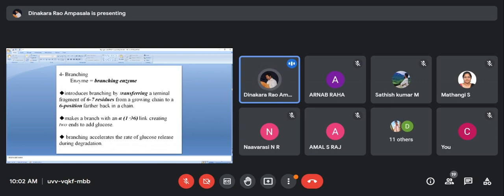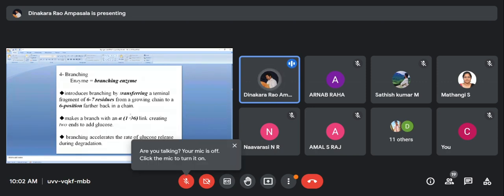Because of branching points, the rate of glucose release is accelerated during degradation, when glucose is required inside the cell. The enzymes will interact with these branching points and release the glucose molecules, so many glucose molecules can be released at a time from the glycogen. Okay, this is the advantage of having the branched structure inside the glycogen.